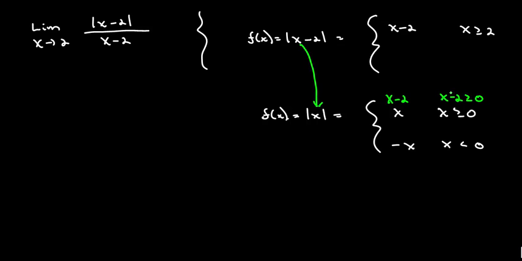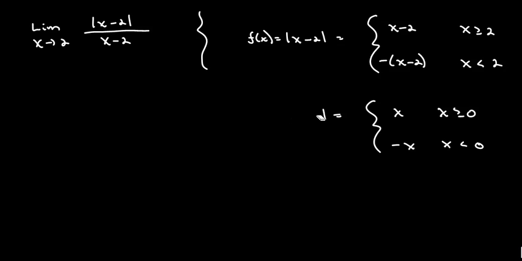And if you solve for x, you end up right back here. Now if we do the same thing, we have negative x minus 2, and that's when x is strictly less than 2.